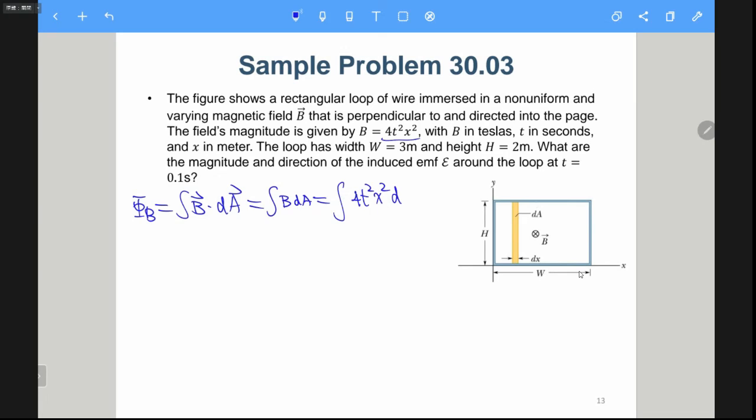dA is actually this one. dx is the width, and then times H will be dA. So dA should be H times dx, which is the area of this rectangle.